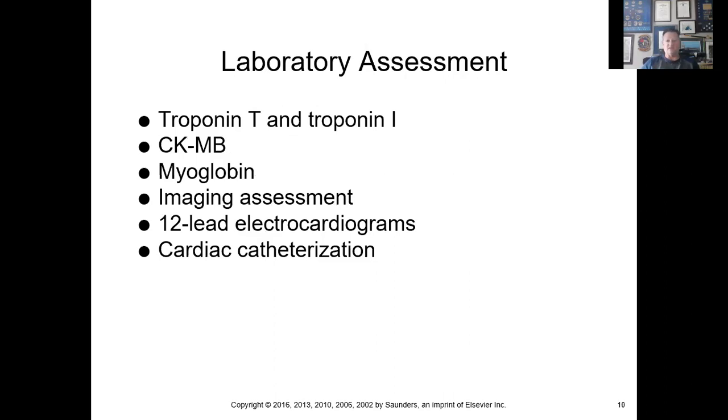Now, some of the lab assessments that we go through and look at are troponin and troponin I. These are both specific enzymes, and they do what they call trending. In other words, you'll get them initially when they come in the door. We'll get a trend level.